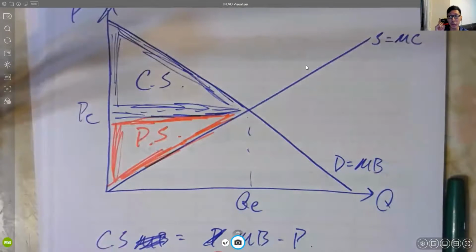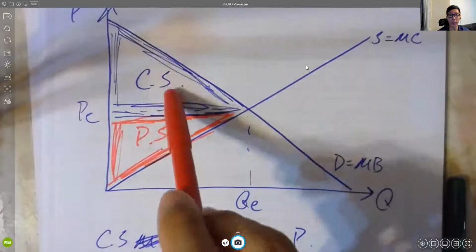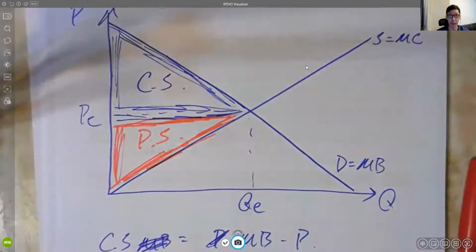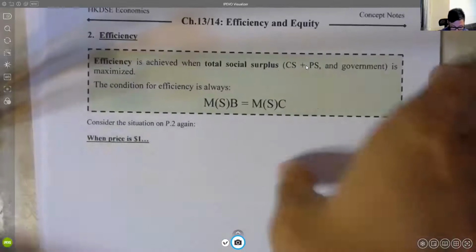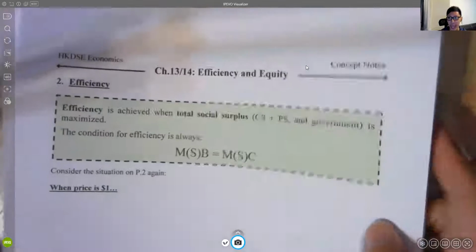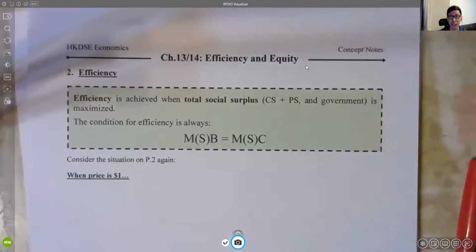Now make sure you know the logic behind consumer surplus and producer surplus, the graphical logic, because this is going to be very important when we talk about efficiency in our next video. Yes, we are going to talk about efficiency and what is the condition for efficiency. All right, so until then, I will see you again in our next video. See you soon.